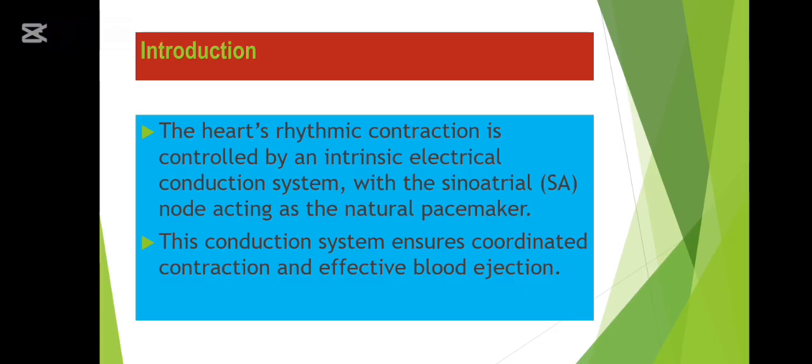Now, the heart's rhythmic contraction is controlled by an intrinsic electrical conduction system. The heart contracts and relaxes. One of the major characteristics of the heart that enables it to pump blood is that it is able to contract.